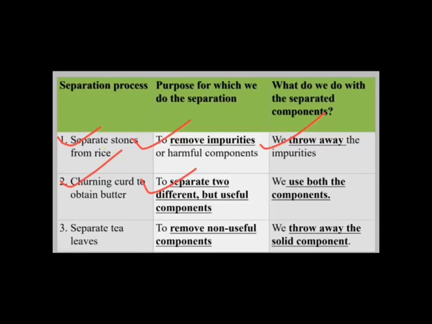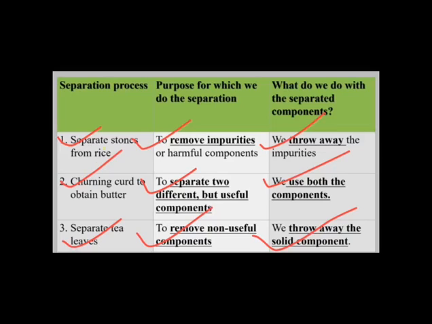Now the next is separating tea leaves. Here the purpose is to remove non-useful components. Two components are given, out of which one is useful and one is non-useful. We throw away the solid component because it is non-useful, and the liquid component, that is tea, is useful.